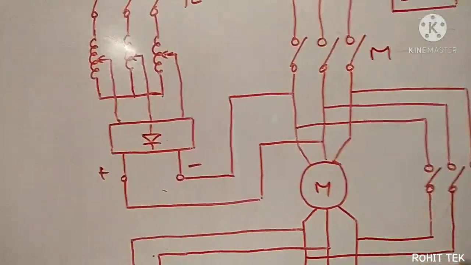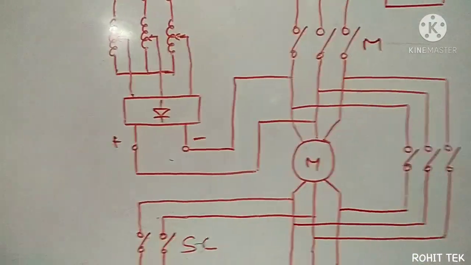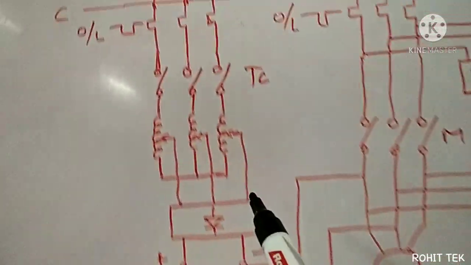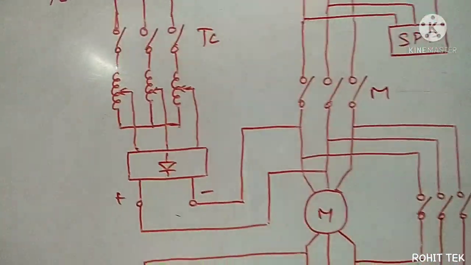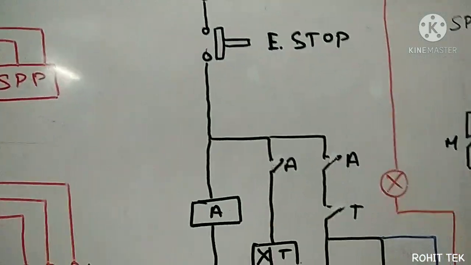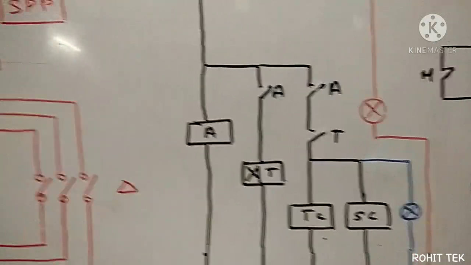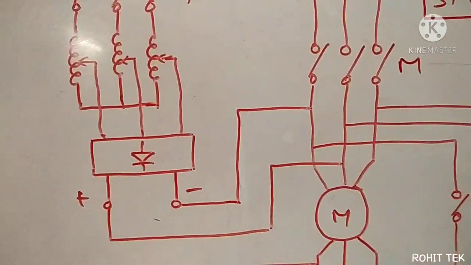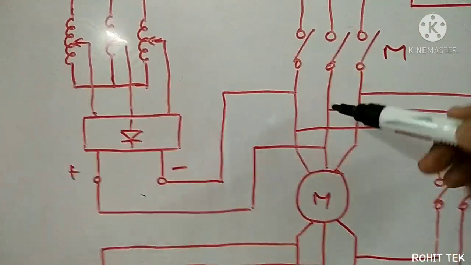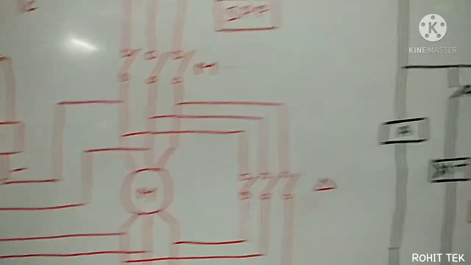Because if this starter is working and I press this DC injection system switch, then without stopping the motor, this DC injection will take place. Then this DC will be injected in the presence of AC, and there will be a short circuit.